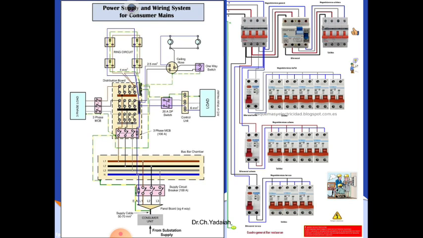So a 3 core, 4 wire service wire is required, taking the supply from the PSSC pole on the nearby street to our premises. From there we are going to provide the 3-phase energy meter and 3-phase cutouts. From that onwards we go to similar protective devices: 3-phase isolators, MCCB and bus bars.